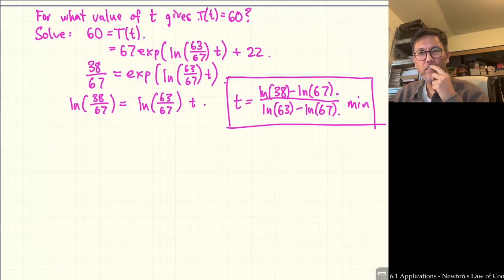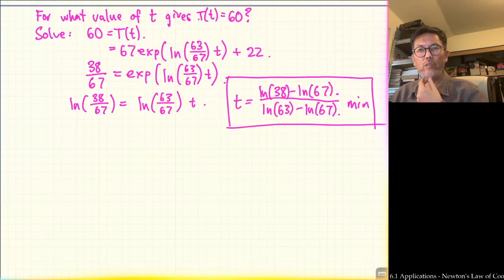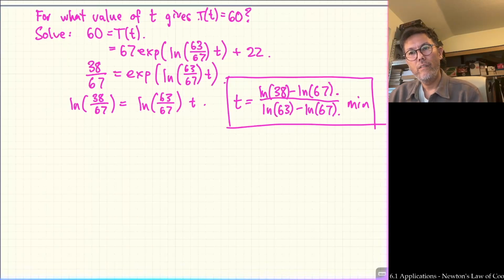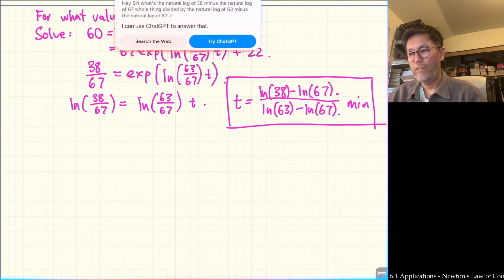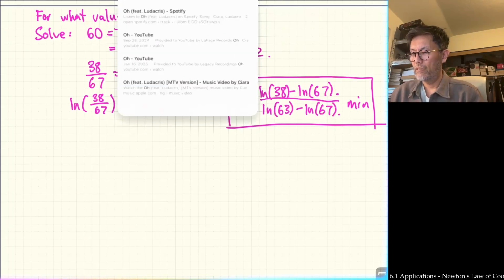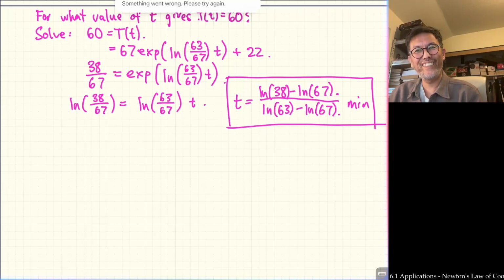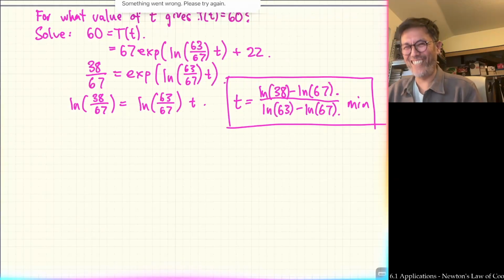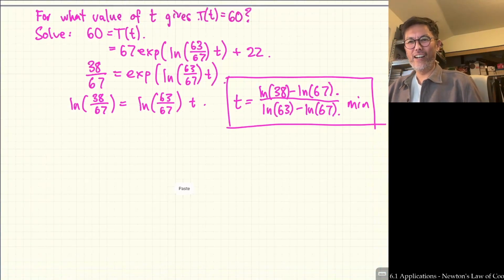Hey, Siri, what's the natural log of 38 minus the natural log of 67, whole thing divided by the natural log of 63 minus the natural log of 67? Okay. Something went wrong. Please try again. Oh. That didn't work. Okay, never mind then.